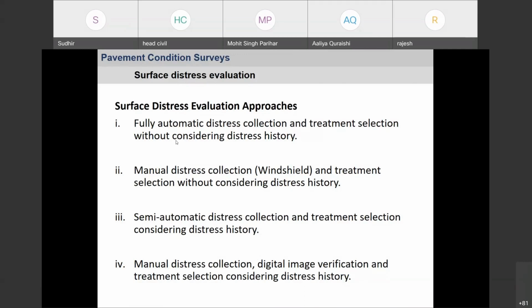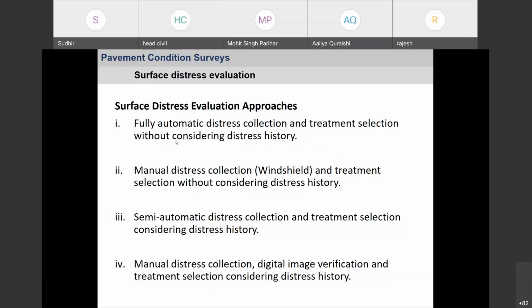So that means that I am deciding what treatments to be provided based on a snapshot of information. I'm not looking at what was the pavement condition in year 2019. I'm not looking at what was the pavement condition in year 2017 or 2015. So in my pavement evaluation, I'm looking at only snapshot information to decide what is the current condition of the pavement and what should be the treatment that needs to be provided.